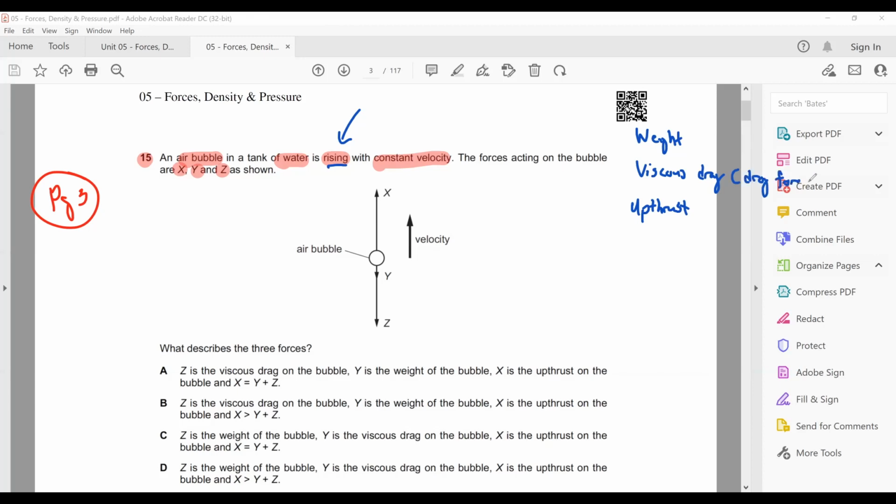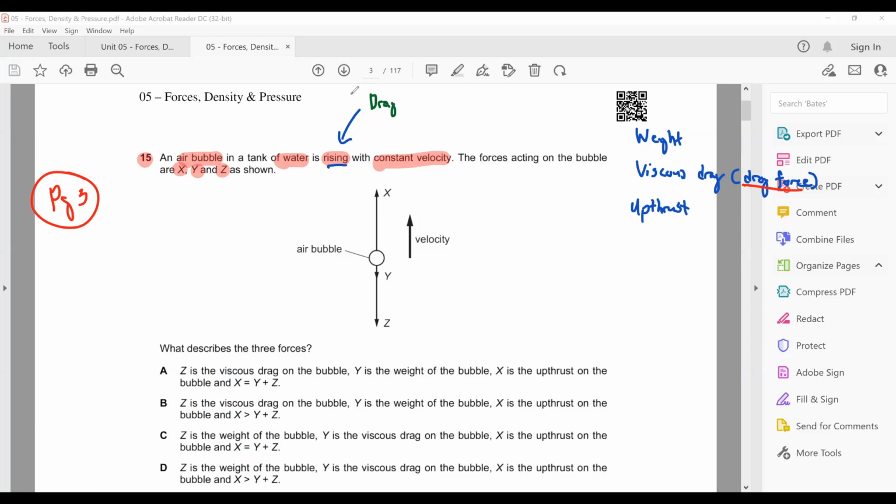Okay, sometimes they may not call your drag force as that term, they call it as viscous drag. It's the same thing. So now if you see that you have an air bubble in the tank of water that's rising with constant velocity, the fact that it is rising and the fact that you have a drag force acting on it, the direction of your drag force must be acting downwards.